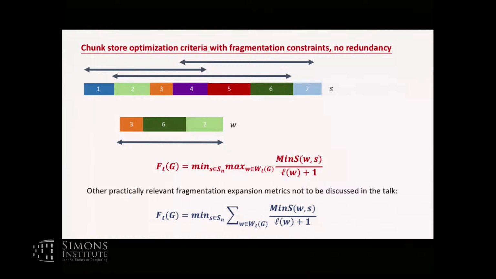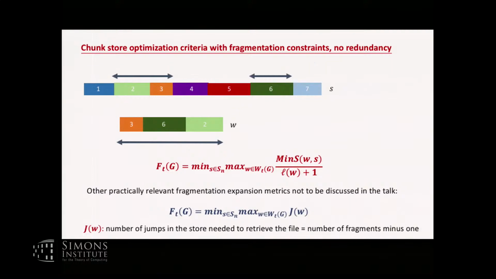Another metric that you can use, which is also very commonly used, is take the average in some sense of all the expansions or fragmentation expansions of all files, and then try to minimize that. And then there are some other interesting things that certain systems may use where you don't want to go through the post-processing step where you have to remove chunks, clean everything up, where you make jumps.